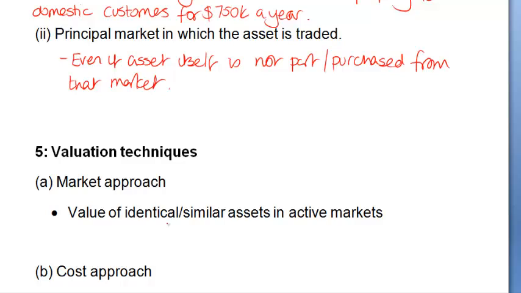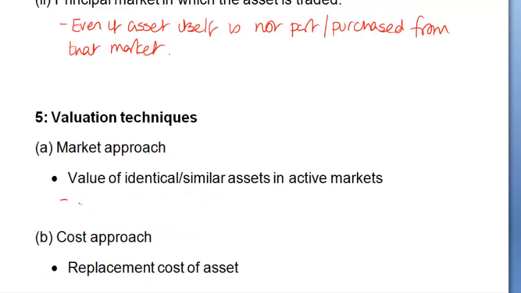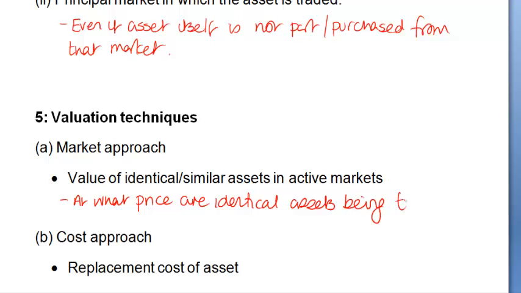So at what price are identical assets being traded? If iPhone 6s are currently on sale for $800 each, I can't claim that mine's worth $1,200 because identical assets are being traded in active markets at a different price.